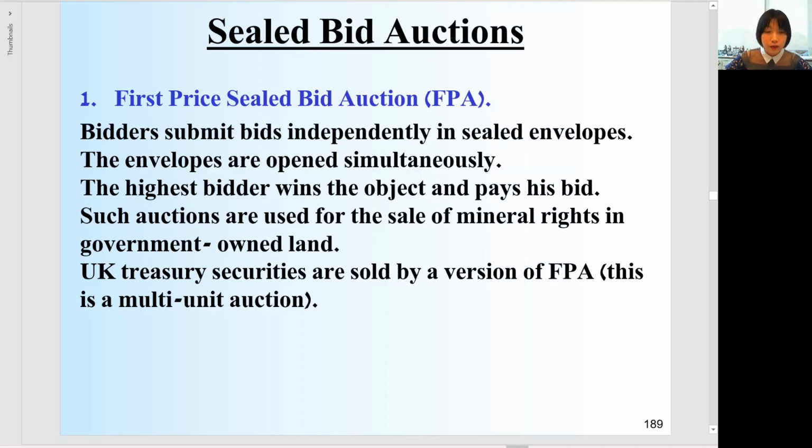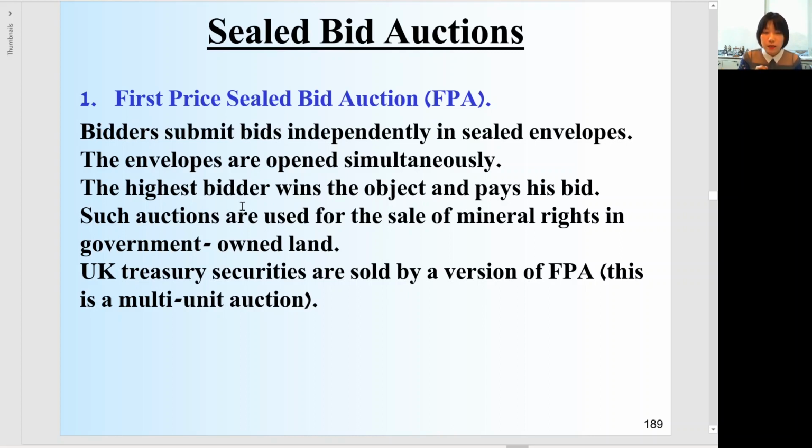So now let's have a look at the sealed bid auctions. Unlike the open auctions where all the information is open, here you submit your bid in a sealed envelope where nobody else knows what you wrote in the envelope. Then after you submit the bid, the seller will open them simultaneously and he sees the bids submitted.